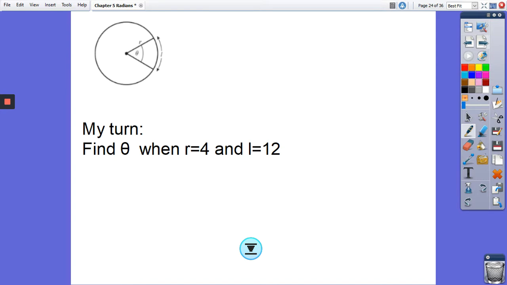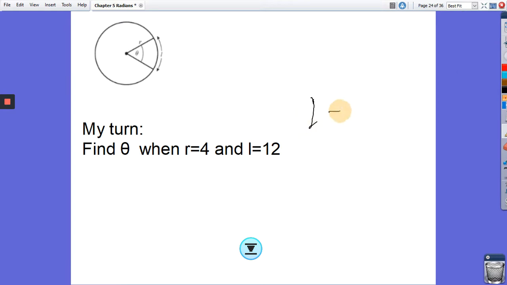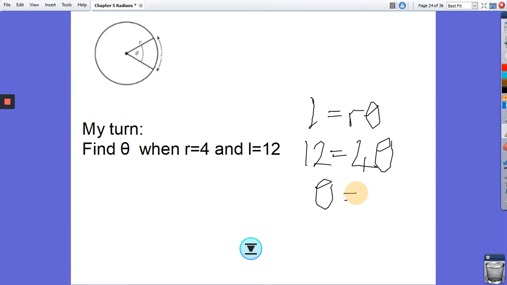So if we go L equals r theta, so 12 equals 4 theta, and then theta equals 3.